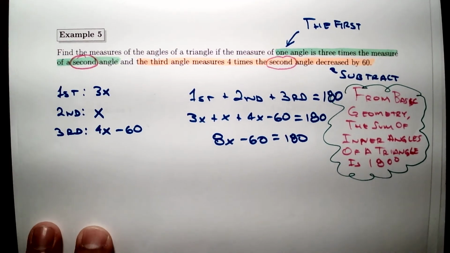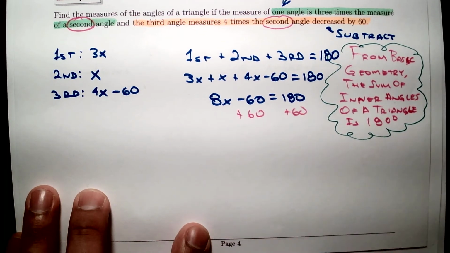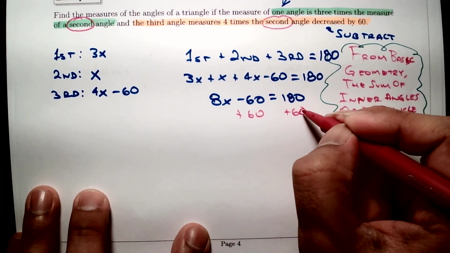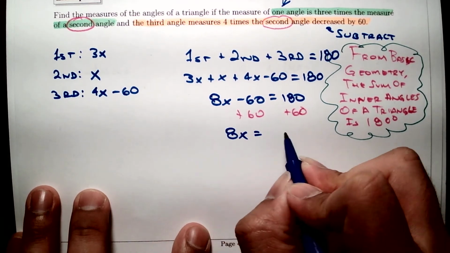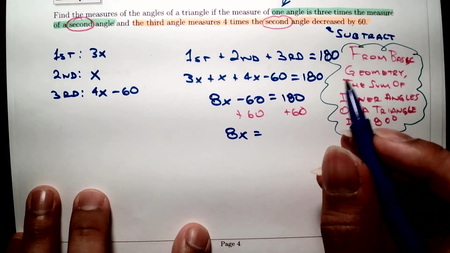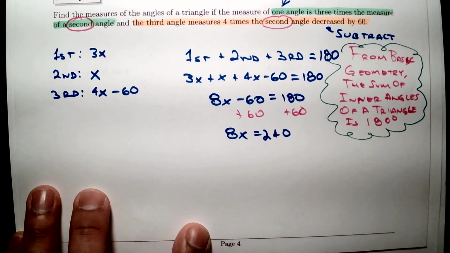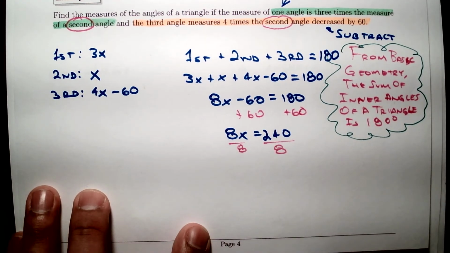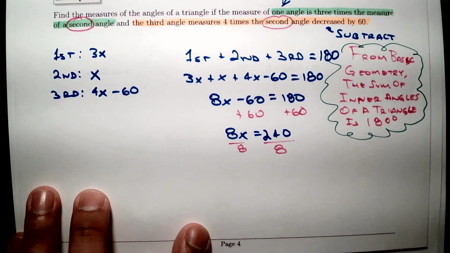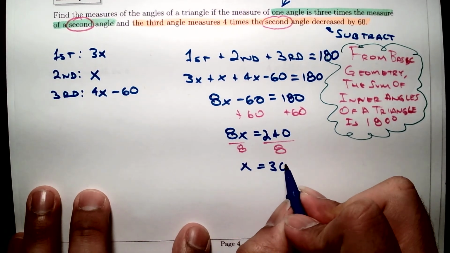Now solving this equation for x, add 60 to both sides, and we get 8x equals 240, and then divide both sides by 8. That's going to be x equals 30 degrees.